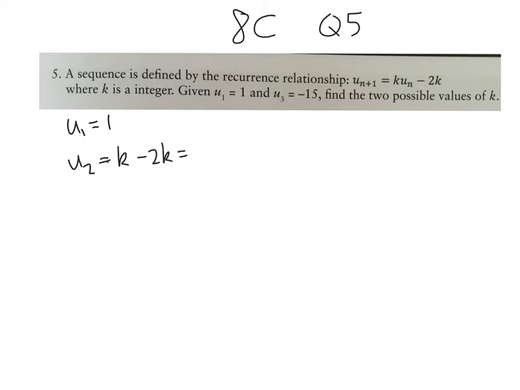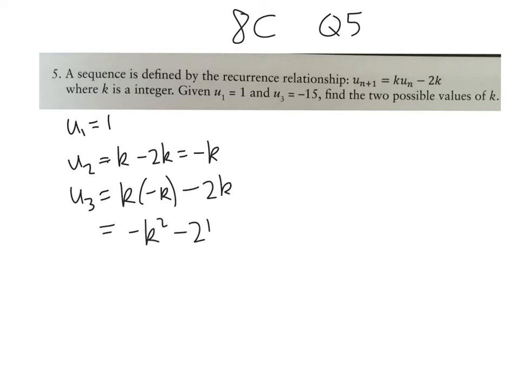And k minus 2k is minus k. u3 is equal to, using the recurrence relationship, k times u2, which is minus k. So k times minus k, take away 2k. Now if we tidy that up, we get minus k squared minus 2k.